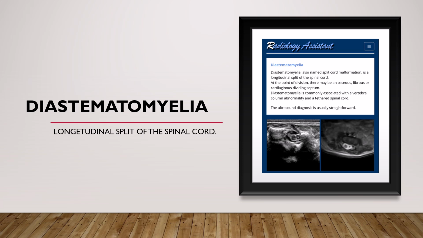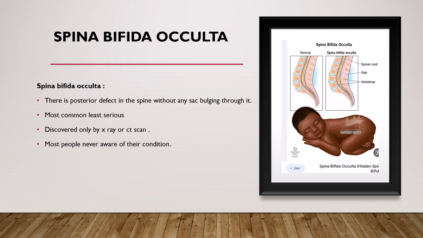Here you see there are two spinal cords, or there is a split of the spinal cord longitudinally into two spinal cords. This is called diastematomyelia. Another lesion you can see is spina bifida without any change outside, and it's an incidental finding during X-ray or CT scan.